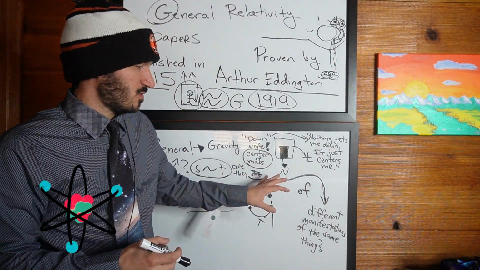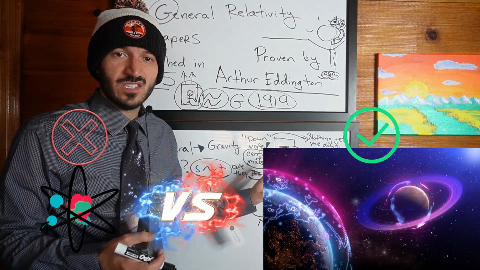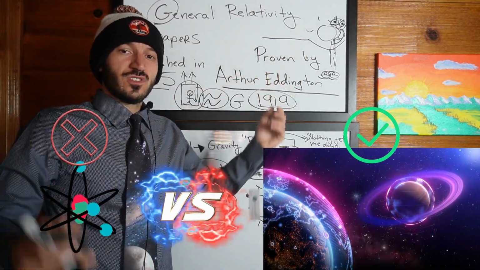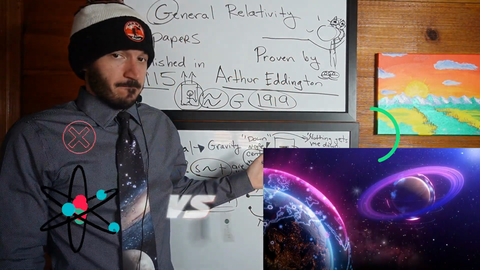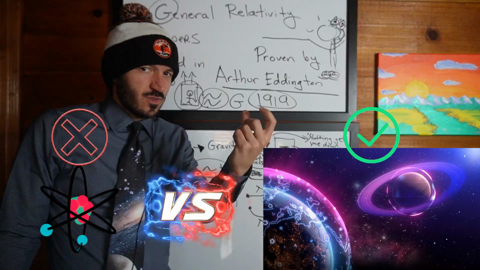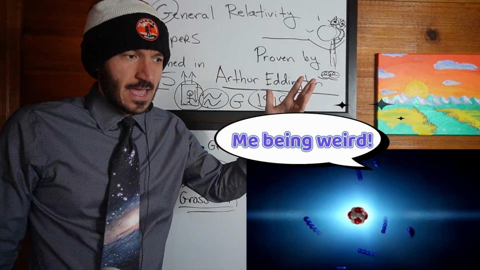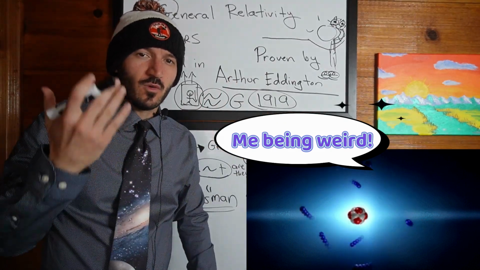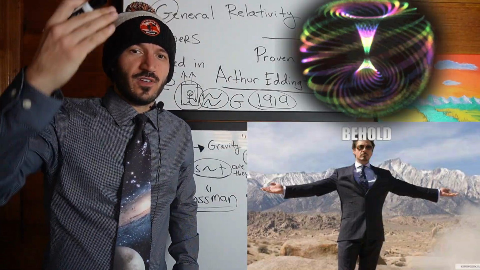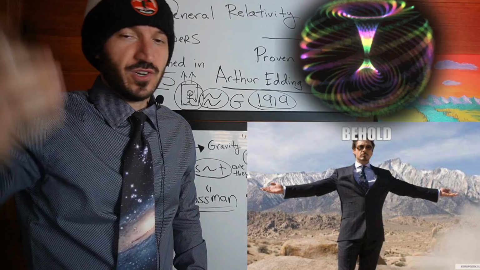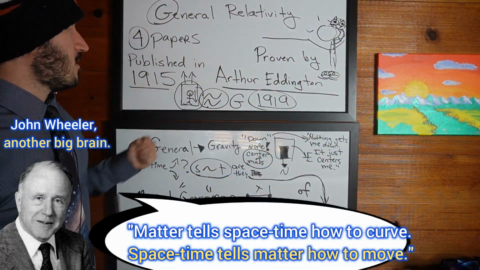It works very well with the world of the very big: planets, galaxies, stars, universe. But it does not work in the atomic world. Once you get to the subatomic particles, they start doing weird stuff and they're doing their own thing. And so maybe one day we'll develop a theory of quantum gravity. Maybe that's the future. So that just about does it all with general relativity.